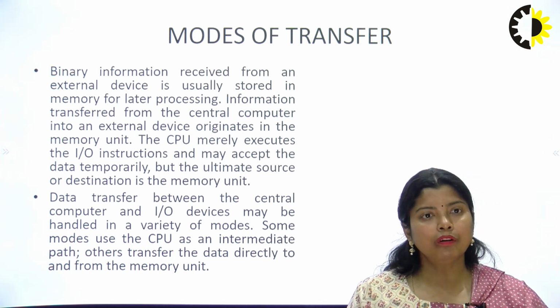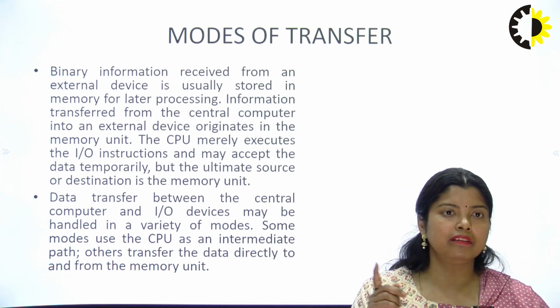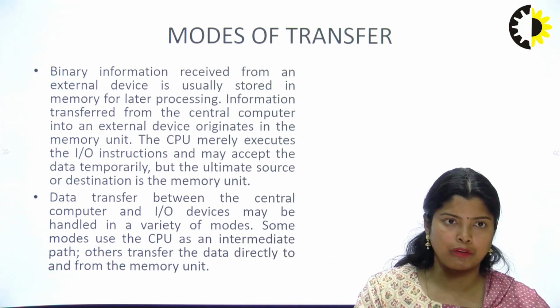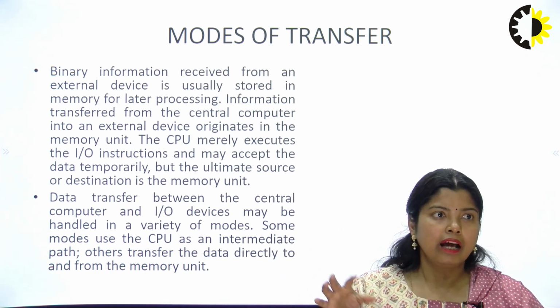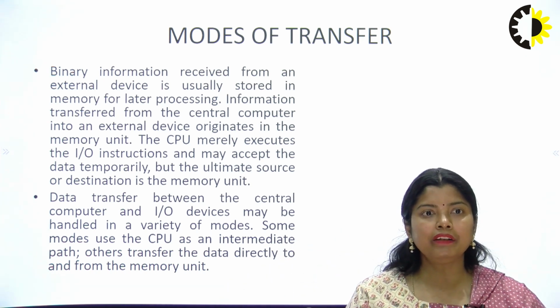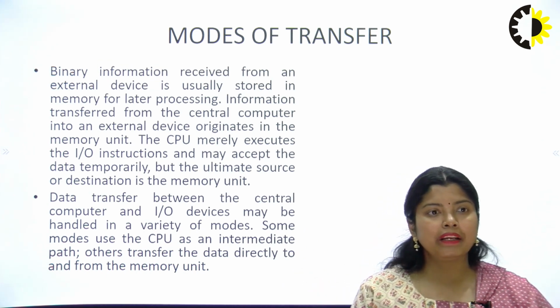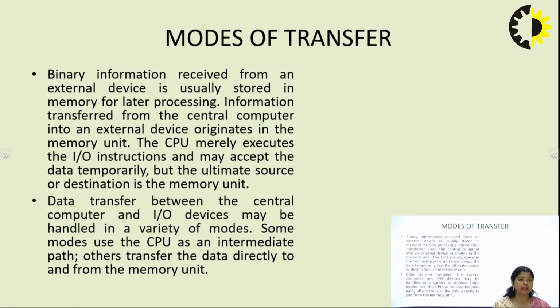So, any data transmitted from peripheral devices to the memory first goes to the processor, then the processor sends this particular data to the memory. Actually, the problem is that the peripheral is not directly connected to the memory. And why is that? Because the peripheral devices' efficiency and speed are different from the memory or the processor. So, there is an interface required.